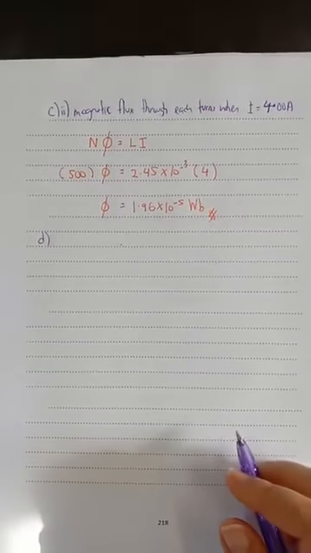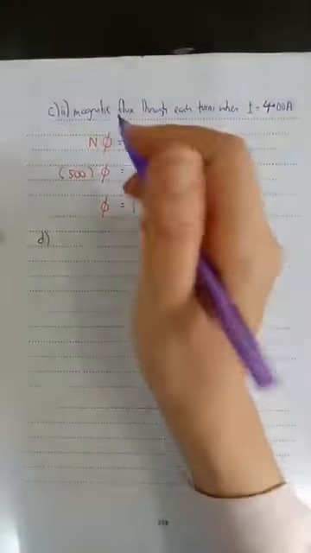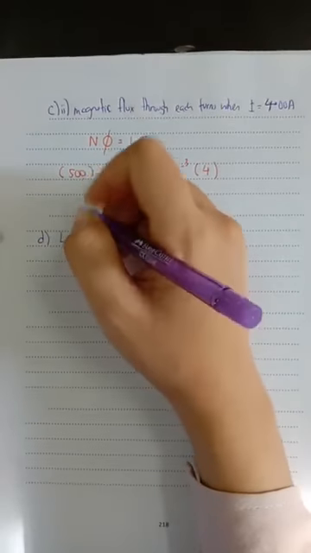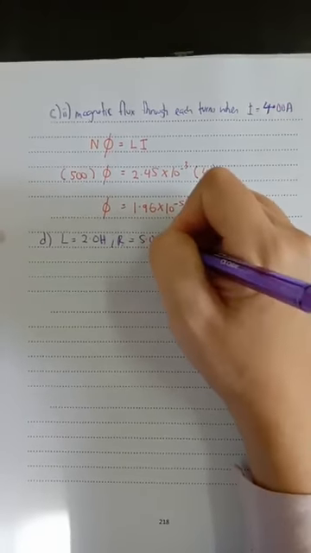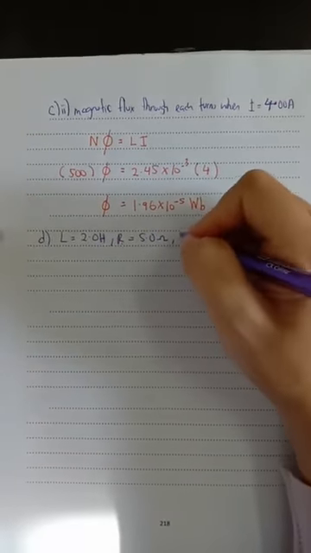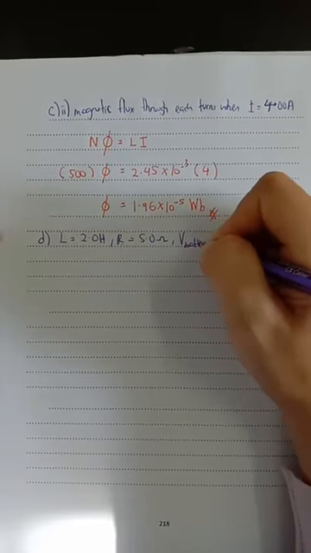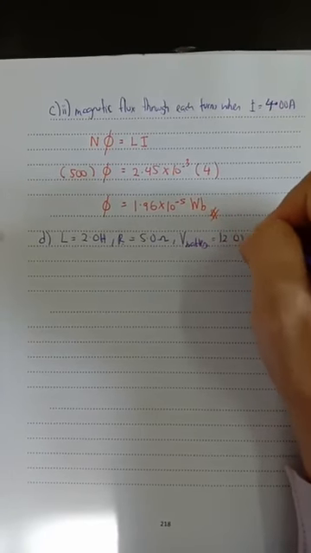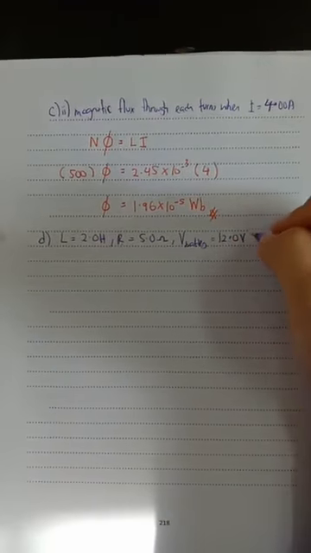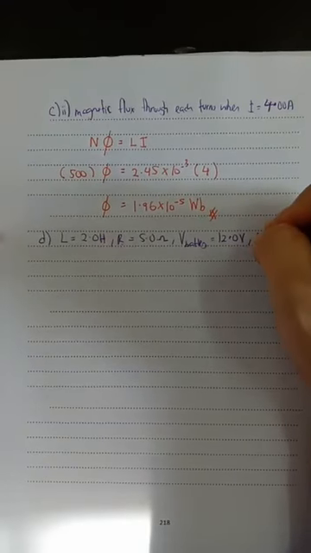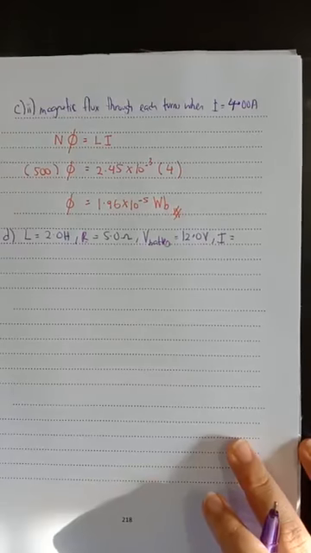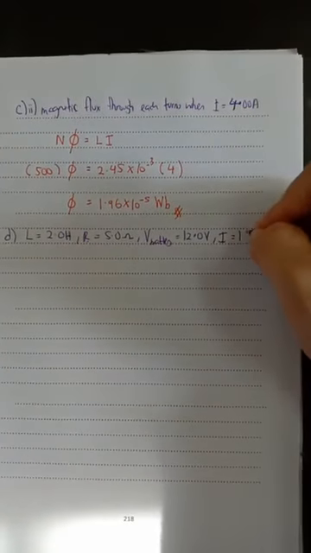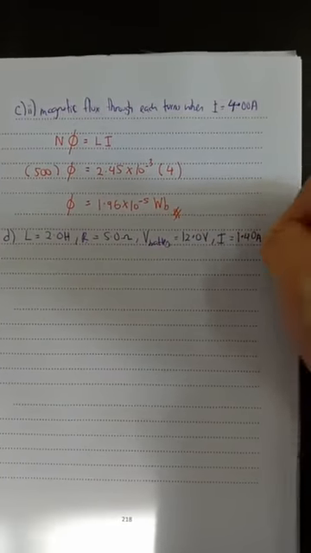D. Inductance is 2.0 Henry. Resistance is 5 ohm. Voltage of the battery is 12.0 volt. Then current is 1.4 ampere.